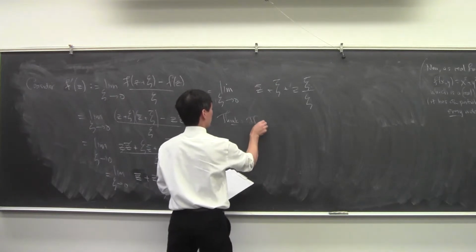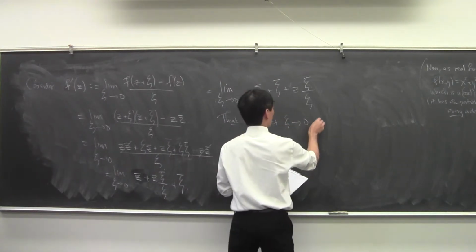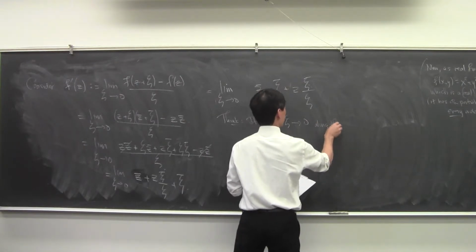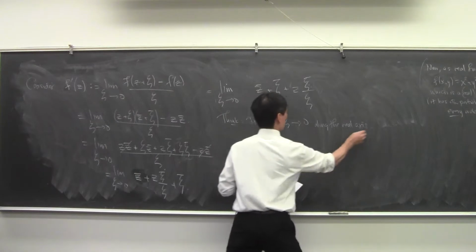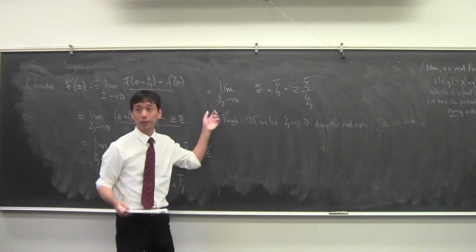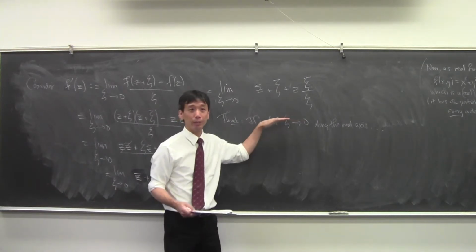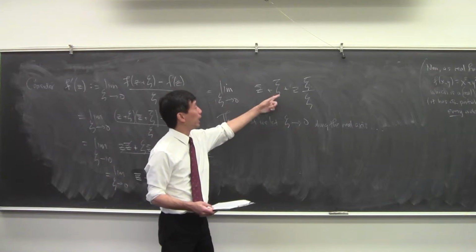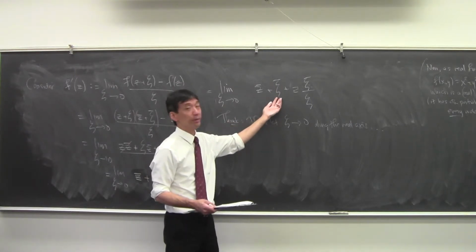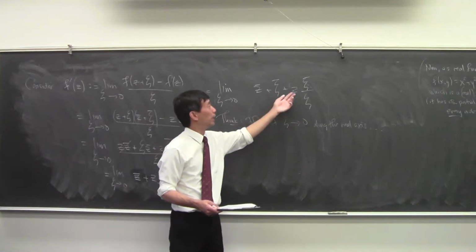Now think. If we let zeta go to 0 along the real axis, well, then zeta would be a real number, and that real number would go to 0.